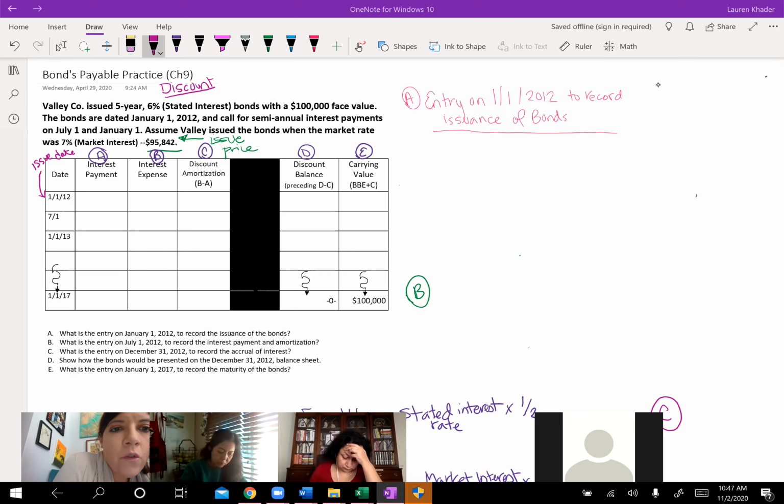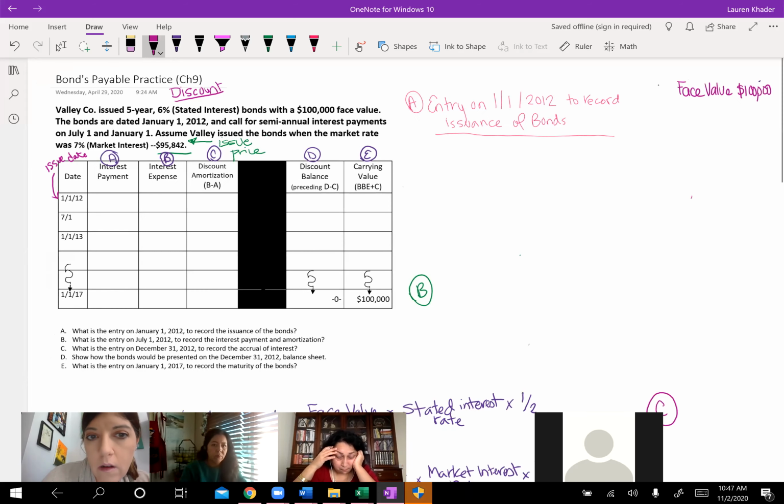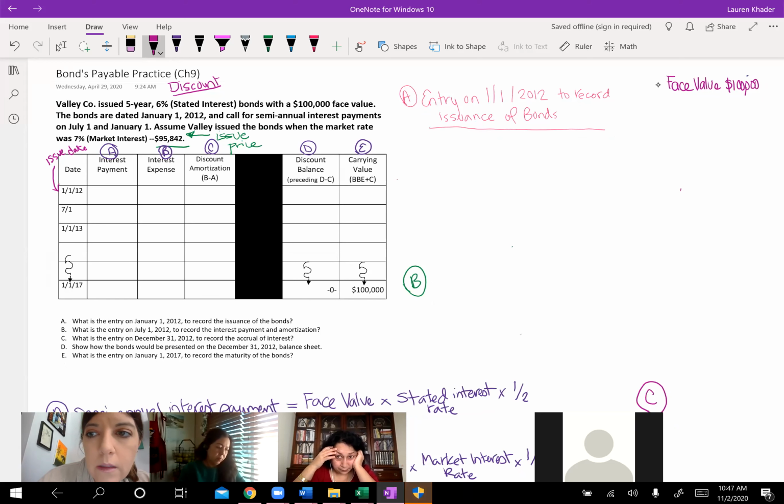So before we get started, let's calculate the amount that our discount is. We're going to take our face value of the bonds, which is 100,000, and we're going to subtract or compare that to the issue price. The issue price of these bonds was $95,842.